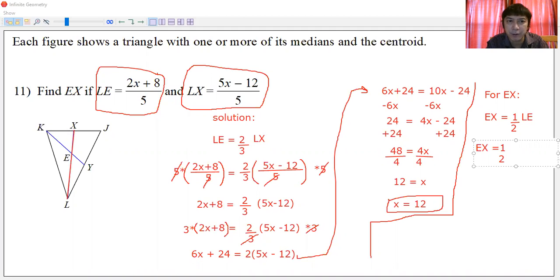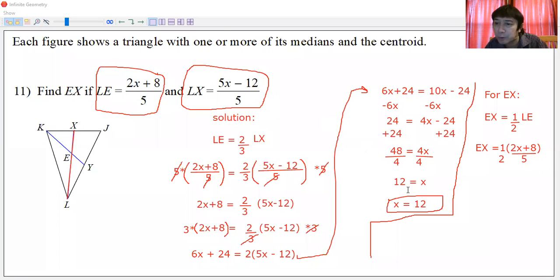So we have here like 2x plus 8 over 5, okay? There. And so this is the equivalent of the LE there. So all we need to do is use our x, which is 12, all right?